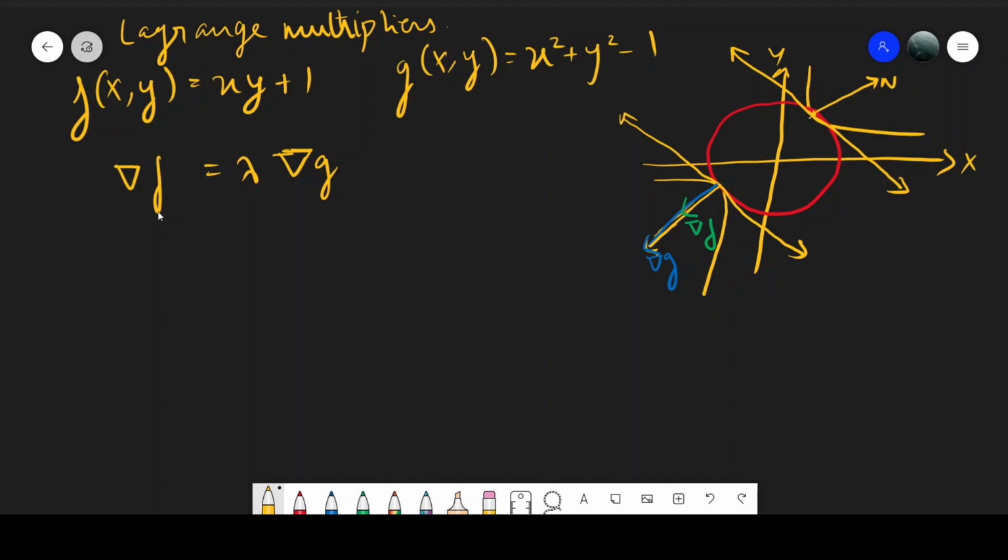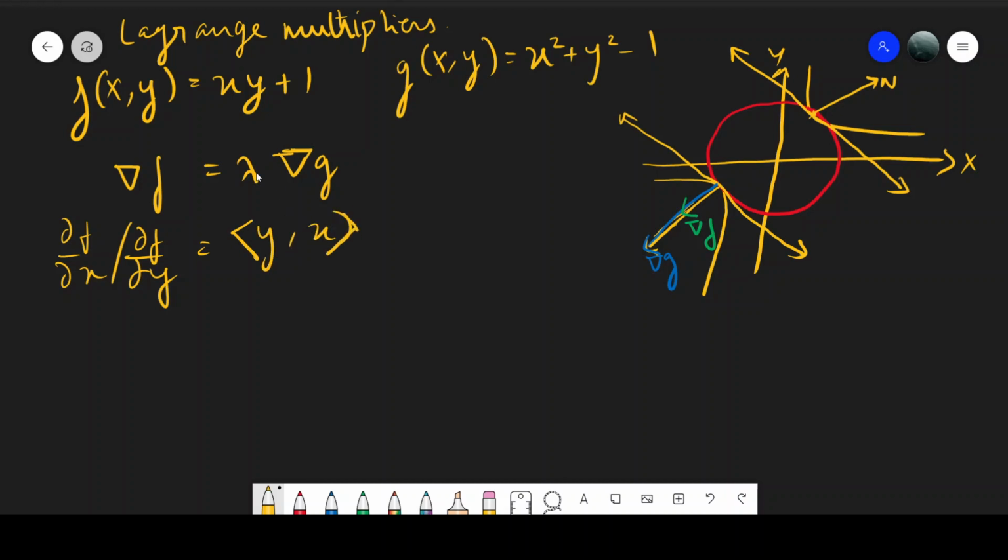And how do you find the gradient? The gradient is nothing but the partial derivatives of the function. So the gradient of f, with dou f by dou x and dou f by dou y, will be given as y and x.